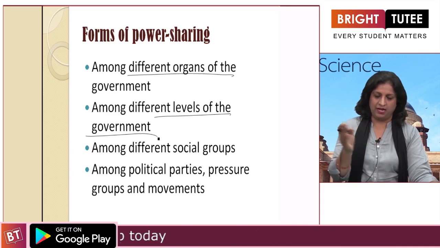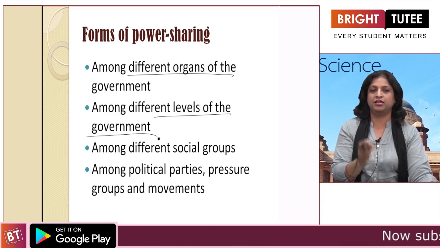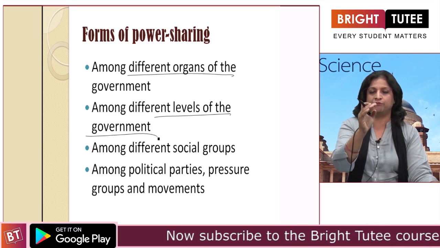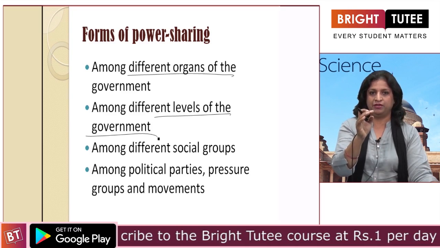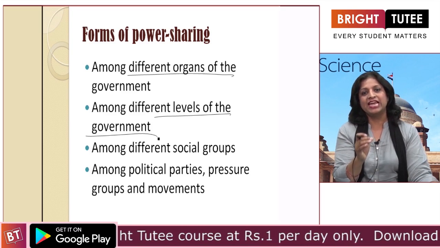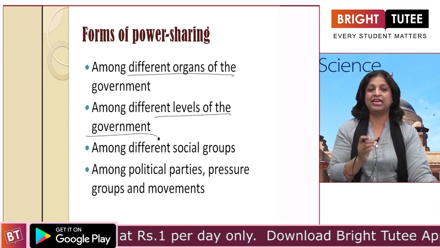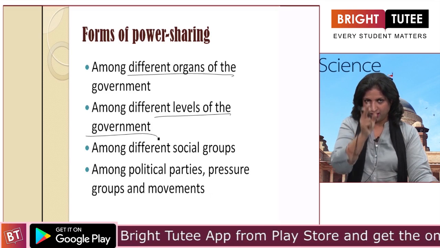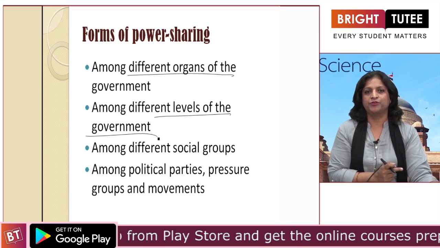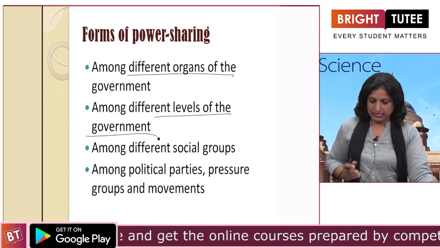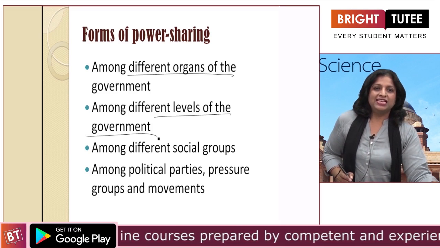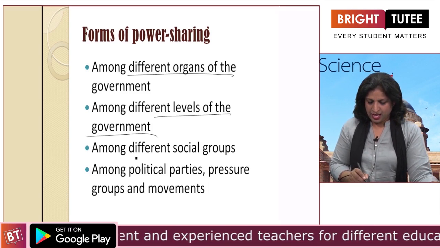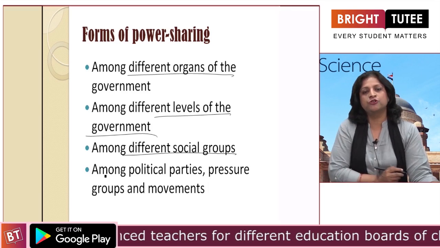In India, and in other countries also where we have power sharing, we have government for the entire country, known as central government or union government. Then come the state governments, and then the local governments. So they are from top to bottom, also known as vertical distribution of power.